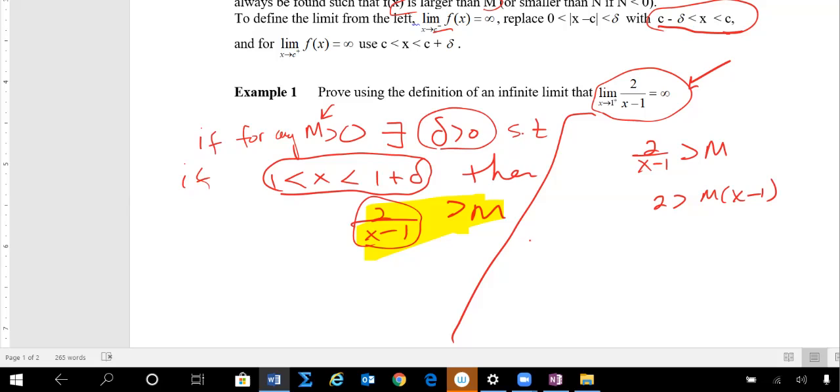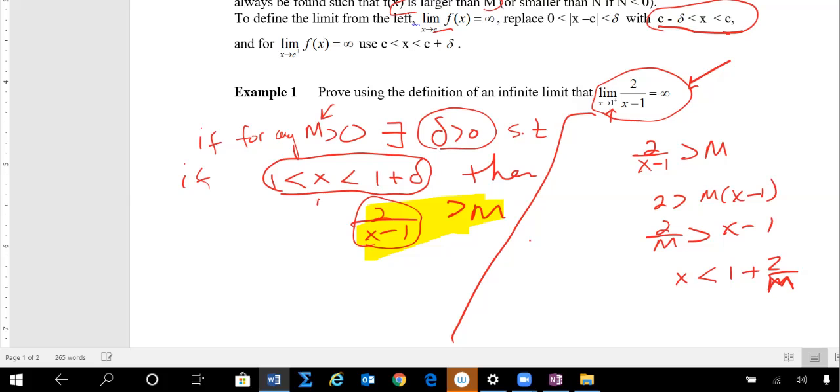Now, this is positive because x is approaching from the right in here. We're assuming x is bigger than 1, so we'll be coming from the right side, and our proof will hold for x greater than 1. So this says that 2 over m is greater than x minus 1, and that says that x is less than 1 plus 2 over m.